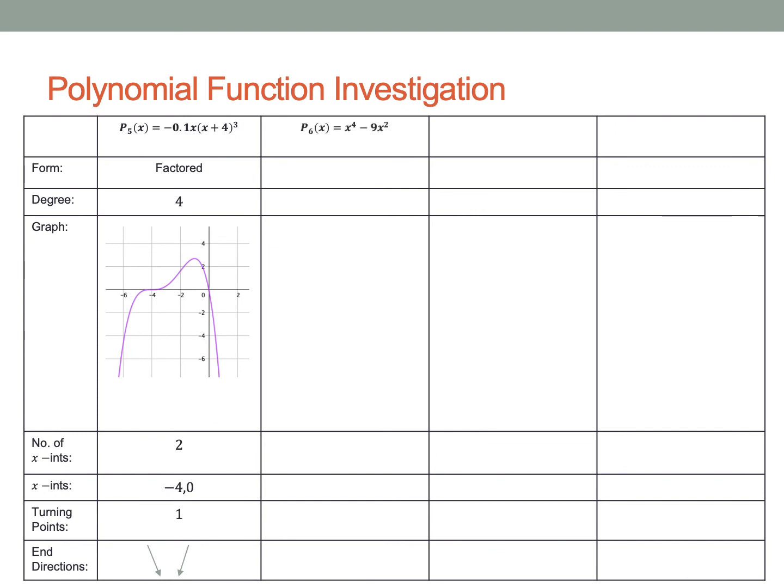Okay, let's look at this graph. X to the fourth minus 9x squared. This is in standard form and it's degree 4. Okay, this one looks like this. The number of x-intercepts is 3.